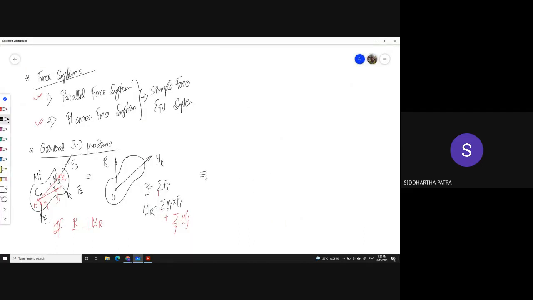So there is a third equivalent now, where instead of O, I can move the whole thing to another point. Let's call it P. If the line of action of R is supposed to include P, then we would not need any other couple moment.